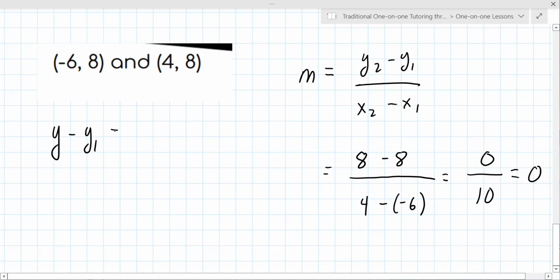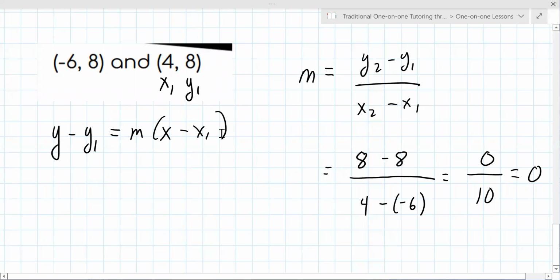Y minus y1 equals m times x minus x1. So your slope is 0. That's good. Which ordered pair do you like better? The -6, 8 or the 4 and the 8? 4 and 8. Okay, so that's x1 and y1. It's good to label them. I'm choosing this to be that.